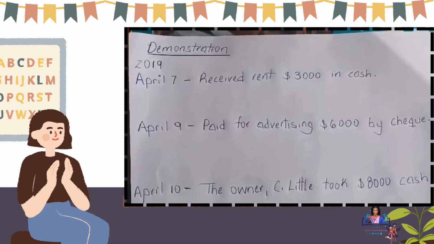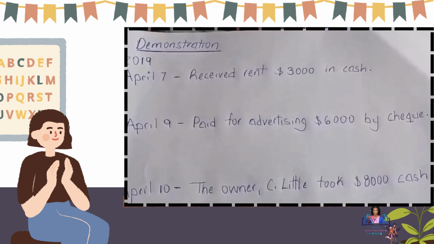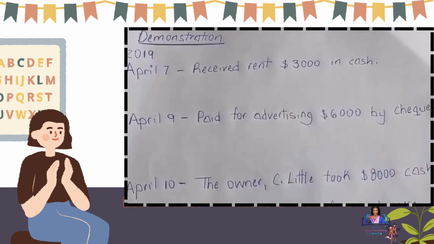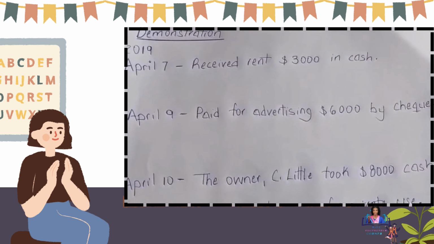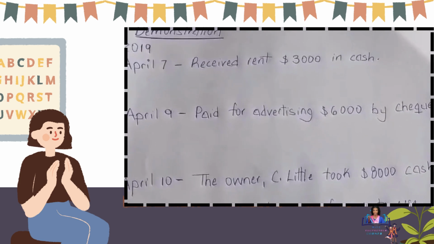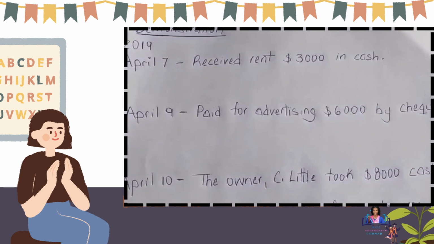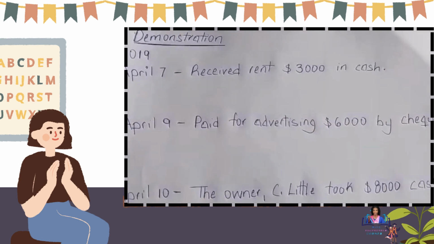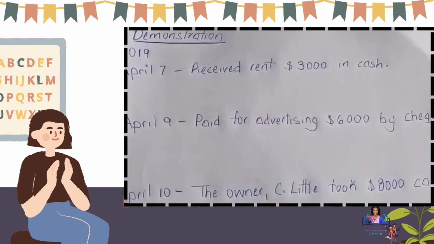The first transaction reads: on April 7, 2019, received rent $3,000 in cash. It can be a case where there is an empty room in the building or business that the owner isn't using, and as such the owner decides to rent it out. So you know that's a stream of income right there. Now we are going to identify the two accounts being affected in this transaction.